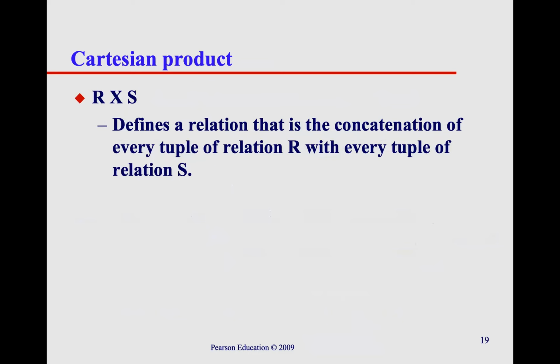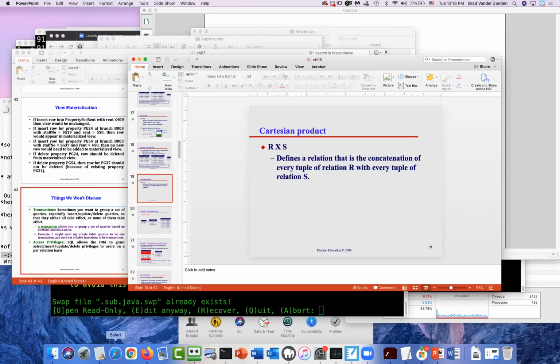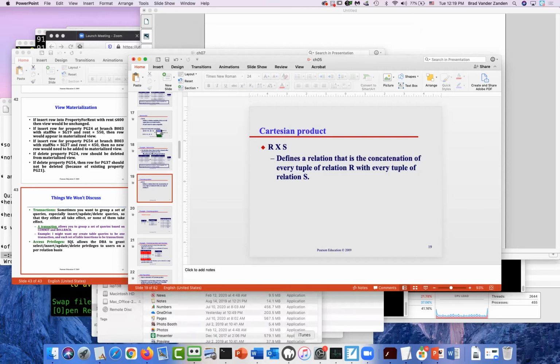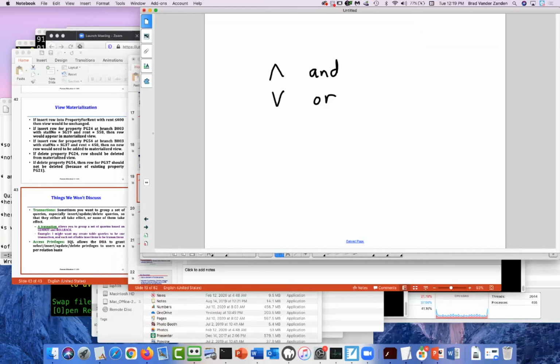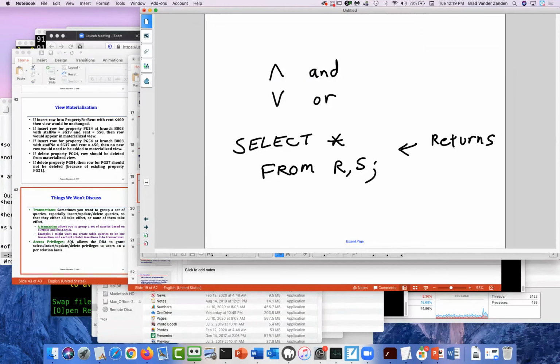If you say in SQL select star from R comma S, and you don't provide any where clause, that's Cartesian product. It returns the Cartesian product of R and S.